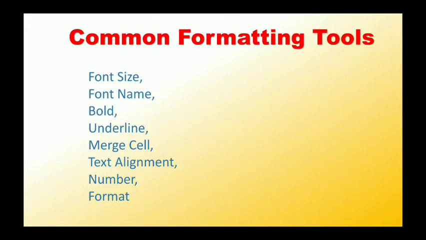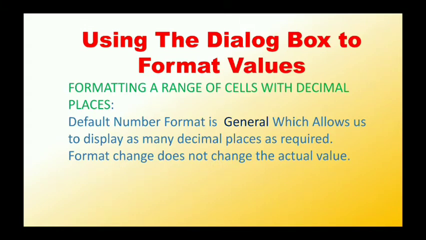So these are the common formatting tools in any spreadsheet or worksheet that we can apply. Now the whole formatting in this chapter will be done with the help of a dialog box that is called the format cells dialog box.